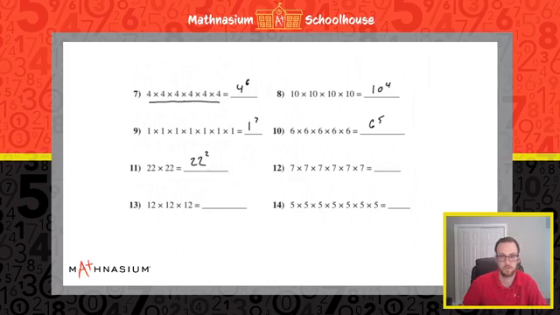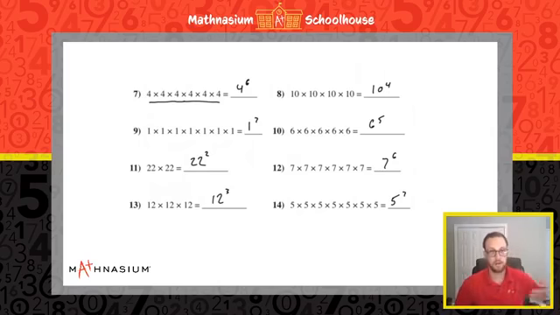We're doing okay so far? All right, cool. Number 7 is base of 7 with an exponent of 6, so 7 to the 6th power. Number 13 is 12 to the 3rd. And number 14 is 5 to the 7th.